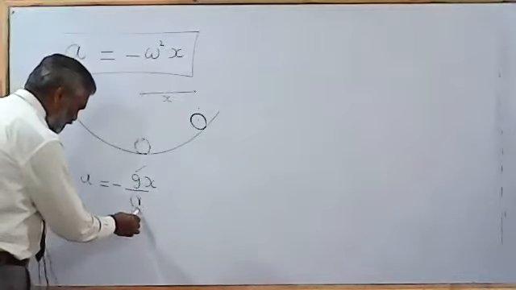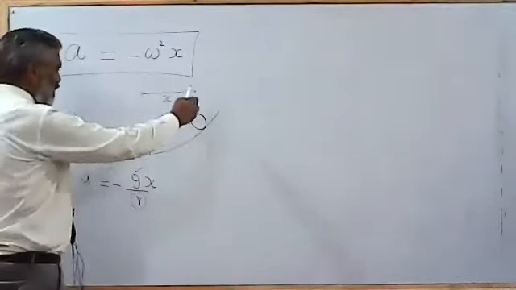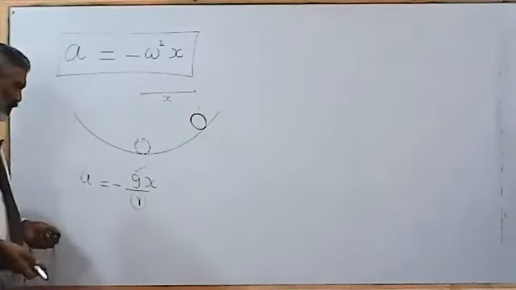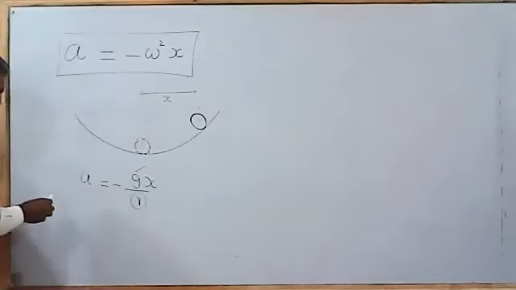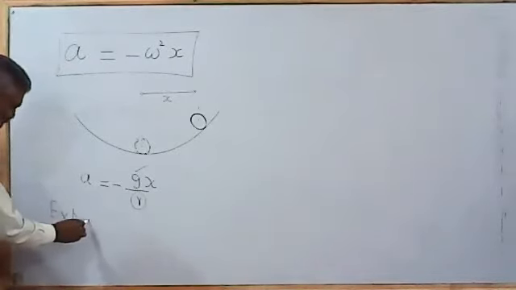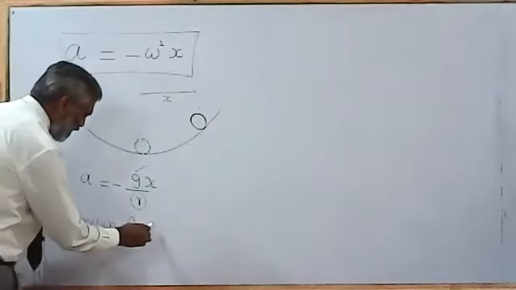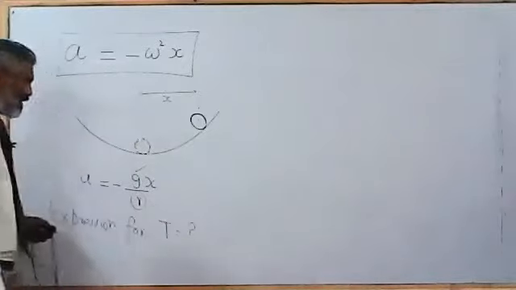This r is the radius of this curved surface. So these values may be given in the question, but we are to derive an expression for the time period t. This is to be derived.